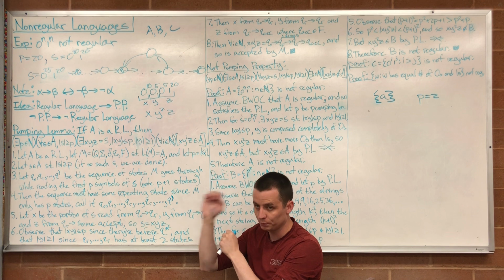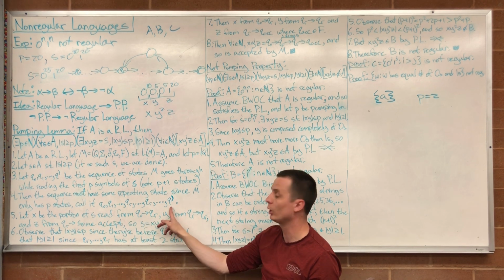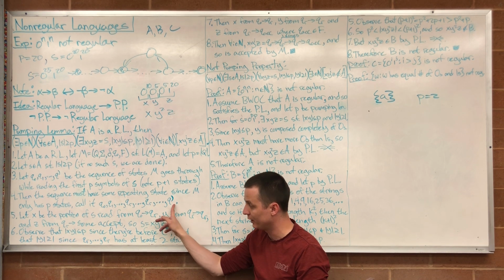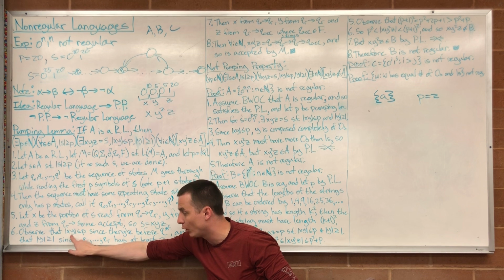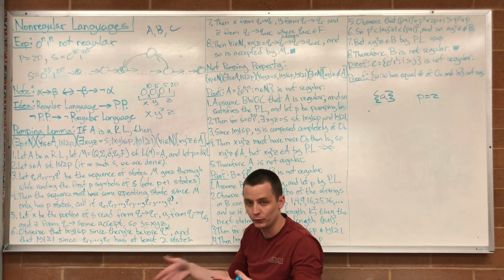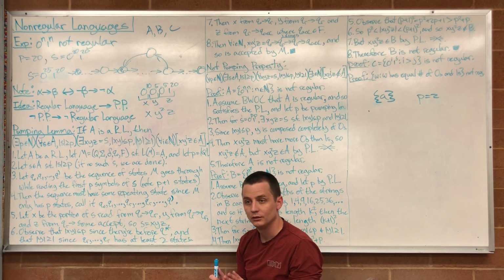Well, there could be another loop later, don't think that. It's just that we're guaranteed that a loop happens before or at Q prime. And so the part before the loop and the part in our loop, the length of those two strings together has to be less than or equal to P. That make sense?